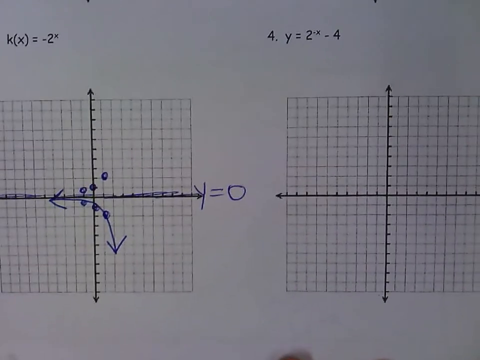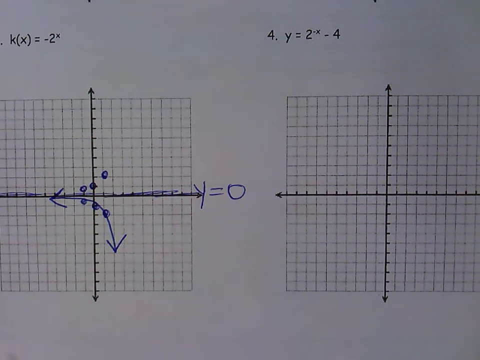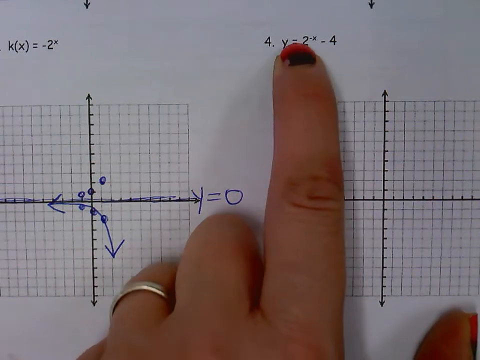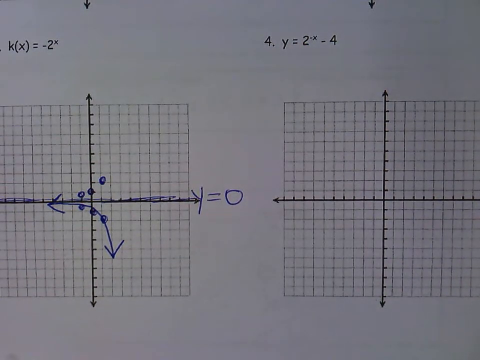What are your 2 transformations on number 4 that you're going to do? Down 4 and flipping it around over the y-axis. So you can do it either way. I like to flip it over first and then shift it down 4. But you could also shift it down 4 and then flip it around.